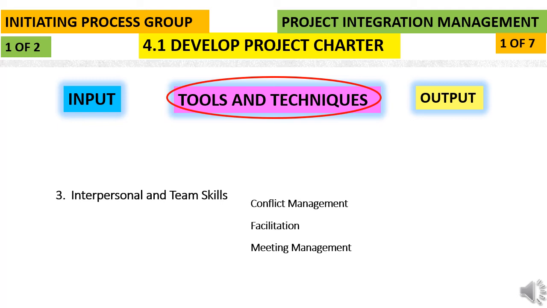If they are not available, it has been delegated to the right stakeholder, and preparing the minutes of meeting and the agreements, and sending the follow-up minutes and actions, so that we are on track and complete the task of developing the project charter. So these are some of the interpersonal team skills.